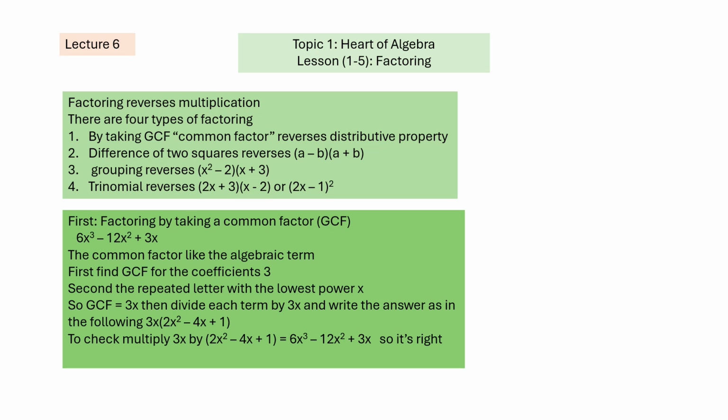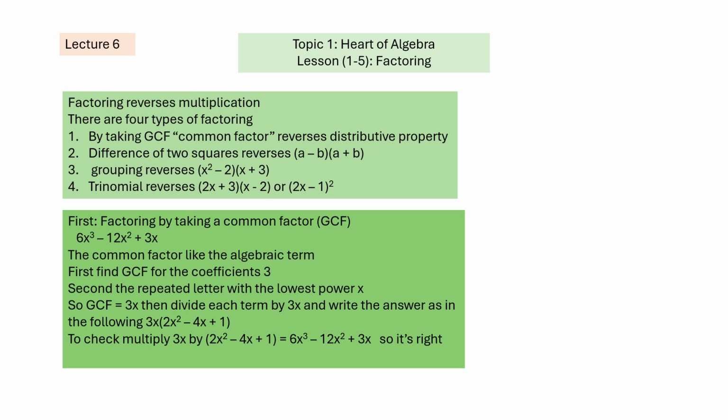Look at this expression, 6x cubed minus 12x squared plus 3x. In this case, the first thing for any factoring, you must check is whether there is a GCF or not, a common factor like the algebraic term. First, find the GCF for the coefficients.